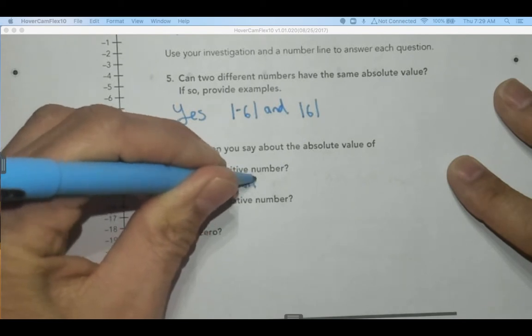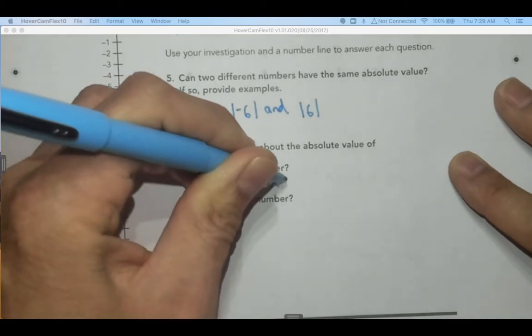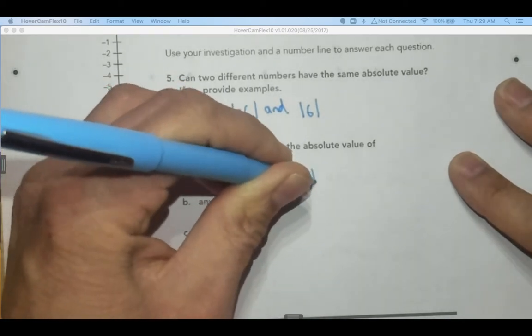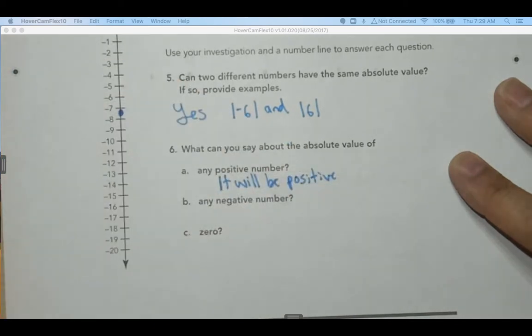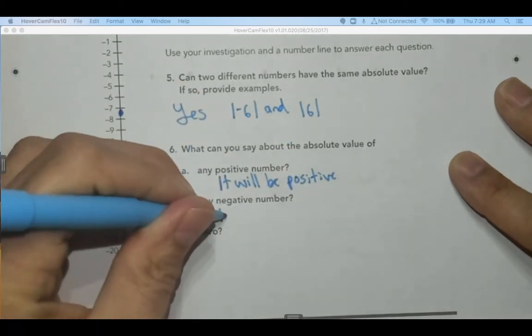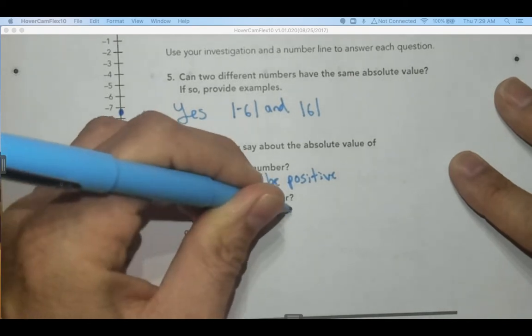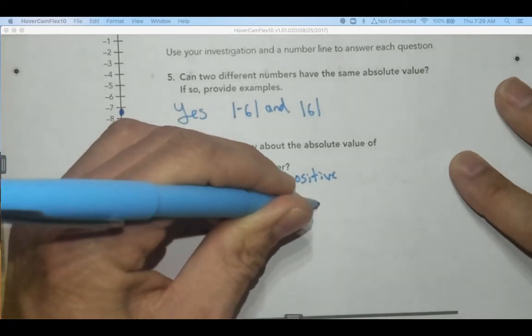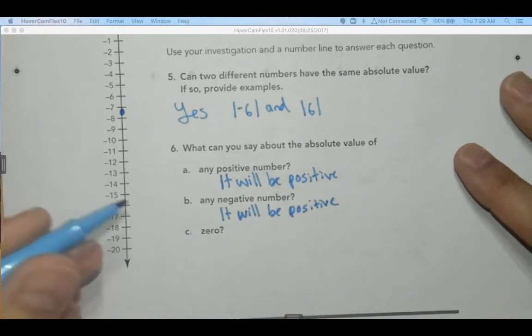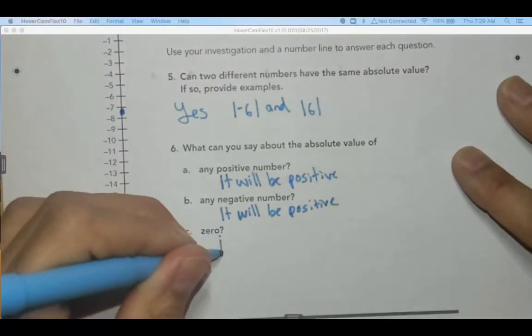It will be positive, or it'll be the same. Any negative number, it will be the same number, but it will be positive. And the absolute value of 0 is just 0.